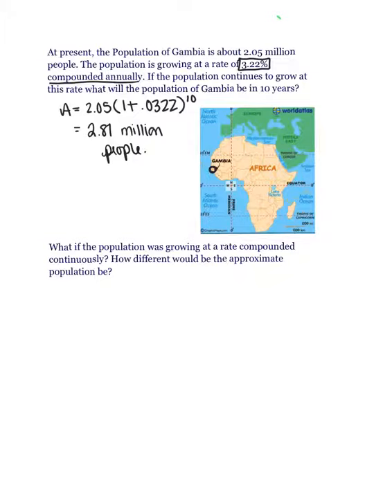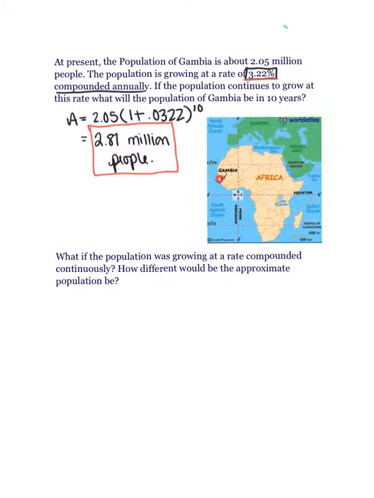So back to the original question, is 3.22% a large percent growth for a country like Gambia? I think so. 2.05 to 2.81 million people for this small country in 10 years seems like it's going to put a big strain on resources. I think that population growth rate is pretty large for that country.